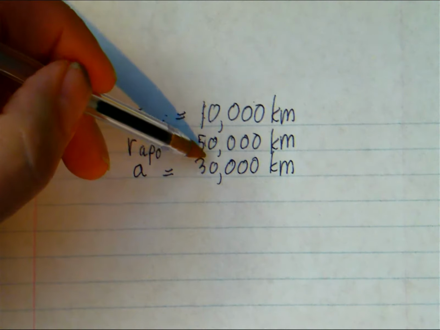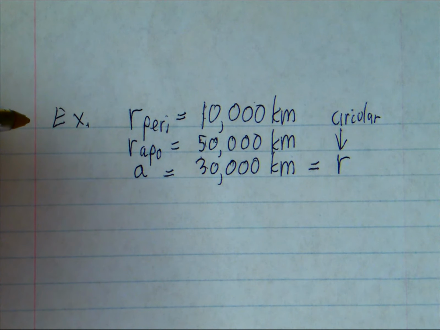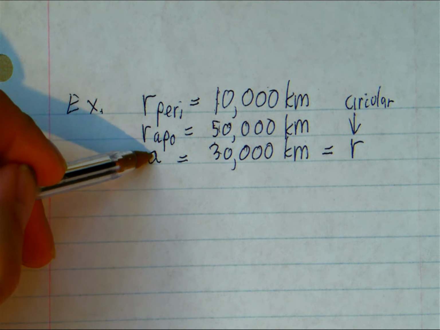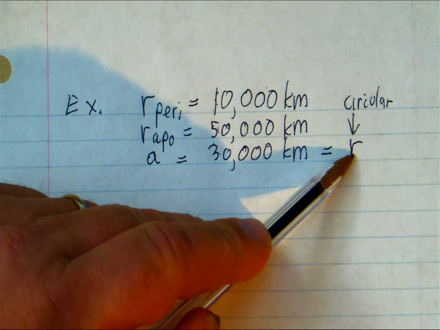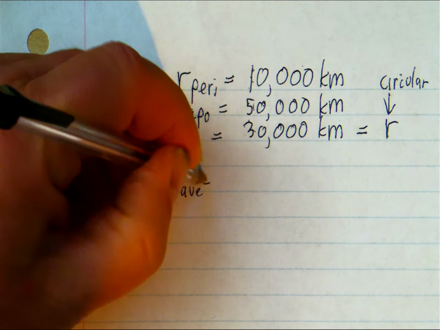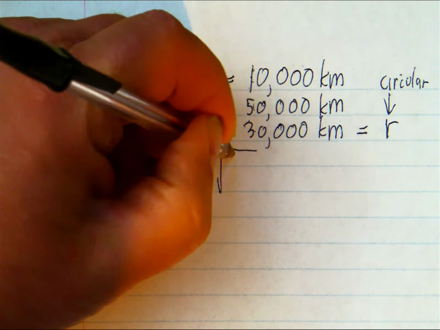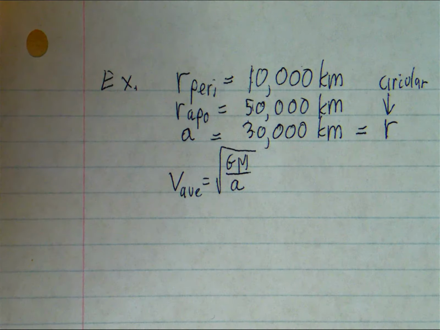If I think of this as being a circular orbit of radius r, using a for r, then I would say my average orbital speed is the square root of GM over this semi-major axis.